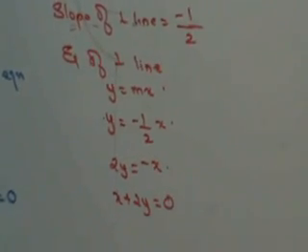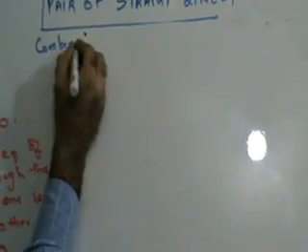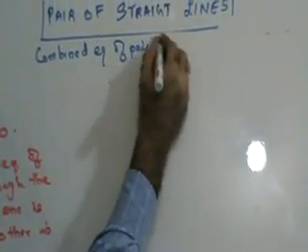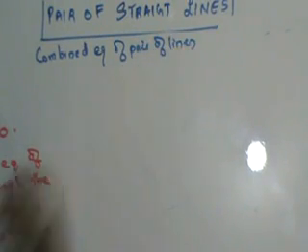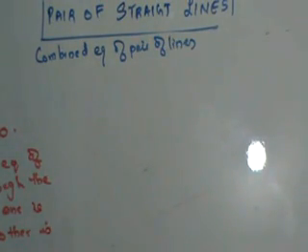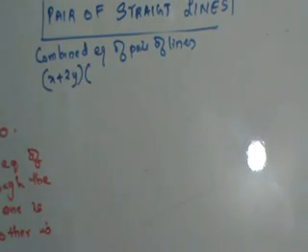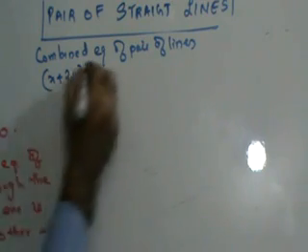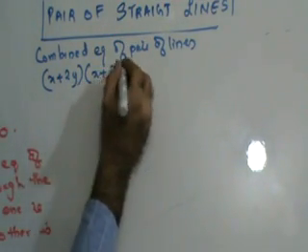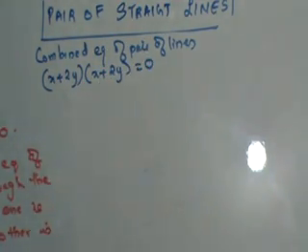Therefore, combined equation of pair of lines will be, we found out the equation of two lines. One equation is x plus 2y and the other equation is also x plus 2y is equal to 0.